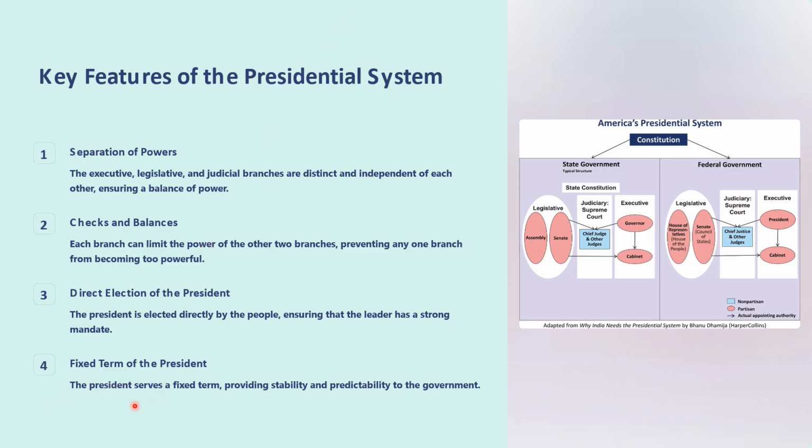The president serves a fixed term, providing stability and predictability. This allows the president to plan and implement long-term policies. So these features promote a system of governance that emphasizes separation of powers, checks and balances, and democratic accountability.